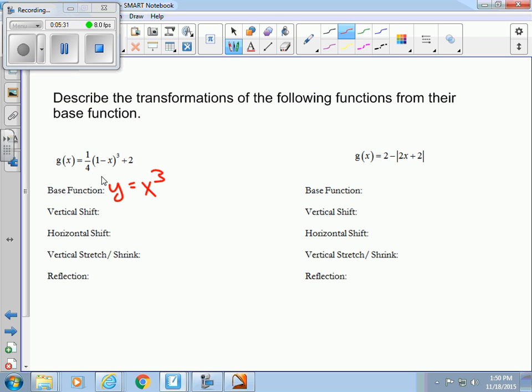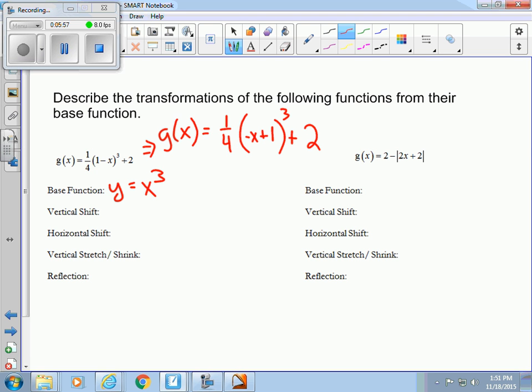So if I wanted to rewrite this so that it is what I'm used to seeing, what's the equivalent of 1 minus x if I put the x first? Negative x plus 1. That makes sense. Negative x plus 1.